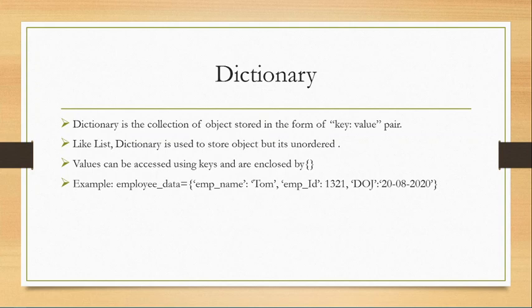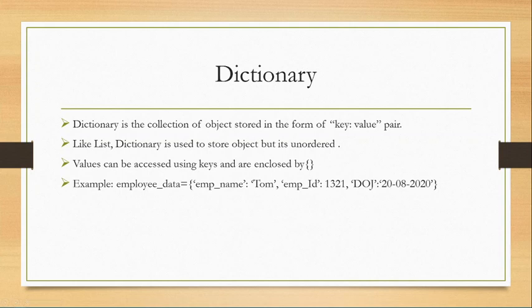Dictionary. A dictionary is a collection of objects stored in the form of key and value. As you have seen in a list, we can access the values of a list with the help of their indexes. But in a dictionary, we have keys. In reference to a key, you can store a value. So it is called a key value pair.